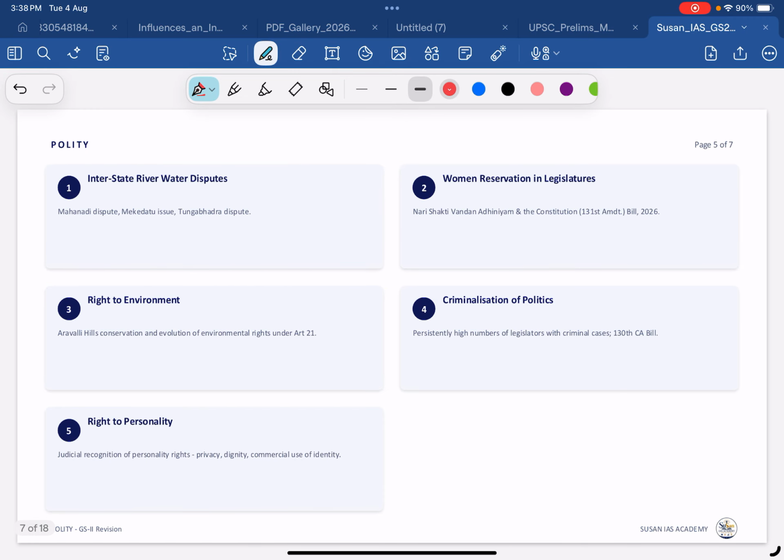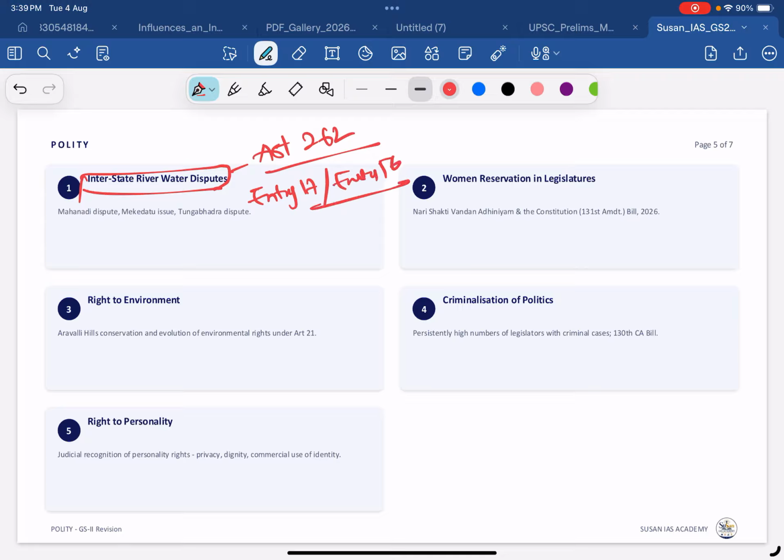And then the next one is interstate water disputes. Questions are asked every year on this also. It comes under Article 262 and Entry 17, the issue about Entry 17 and Entry 56, right. And recently the ongoing issue between Karnataka and Tamil Nadu, right.